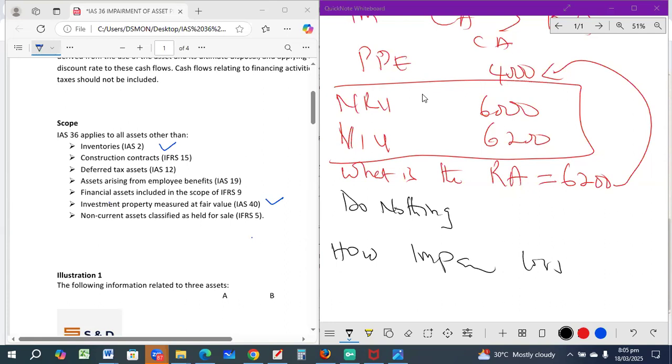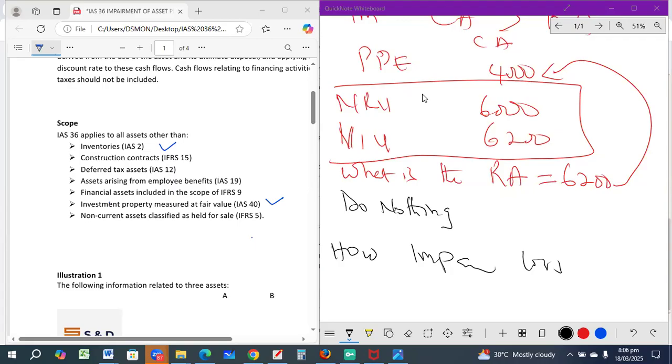Okay, so let us take some one minute to give what can cause an impairment in an asset. Sources of information that will suggest that an asset is impaired. It can be internal and external.